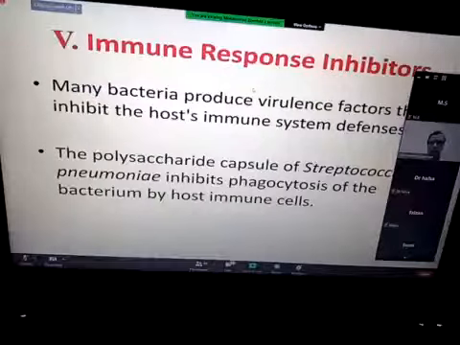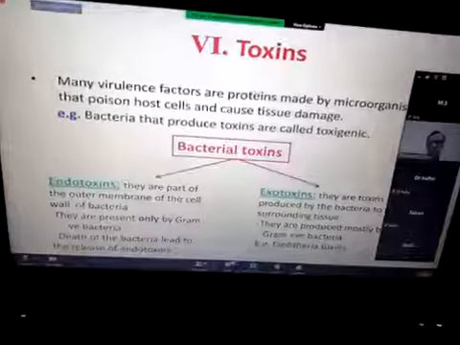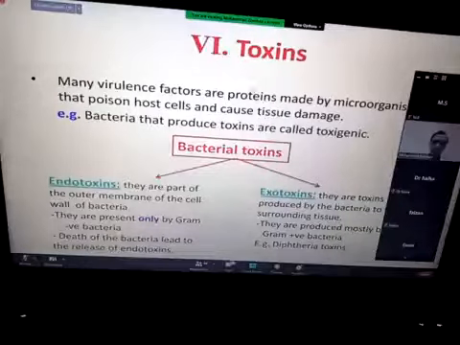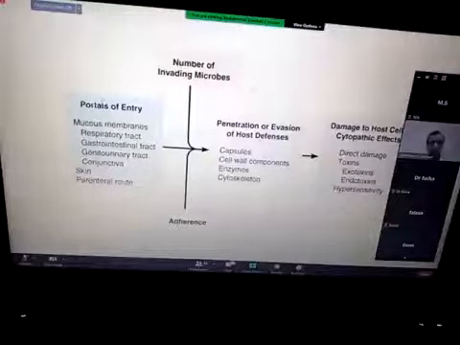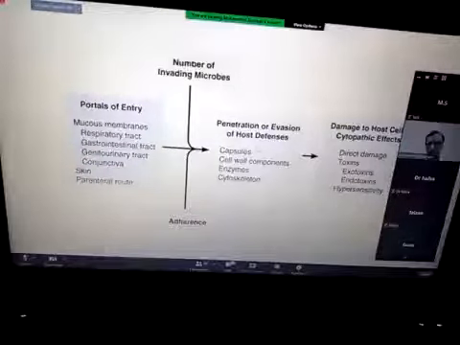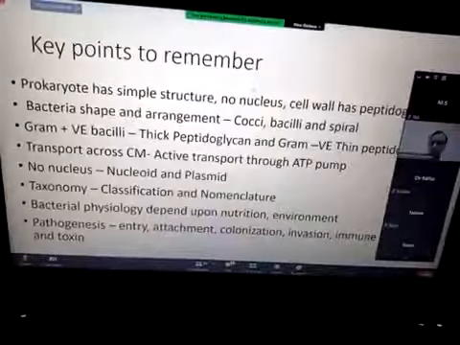Then our immune response affects these things, and at the end, bacteria also produce different types of toxins, endotoxins and exotoxins. So just to sum up, there are different portals of entry, such as skin and mucous membrane. It penetrates, invades our host defense system, and then damage is caused by different toxins and hypersensitivity reactions.